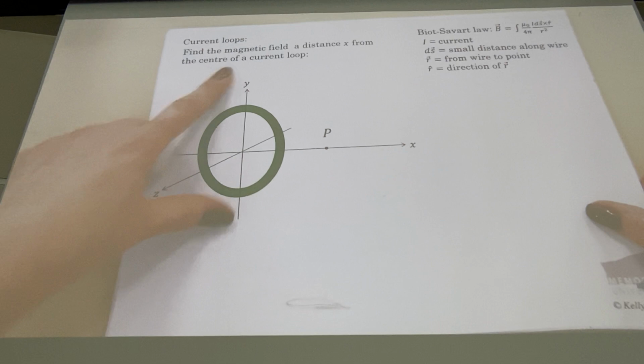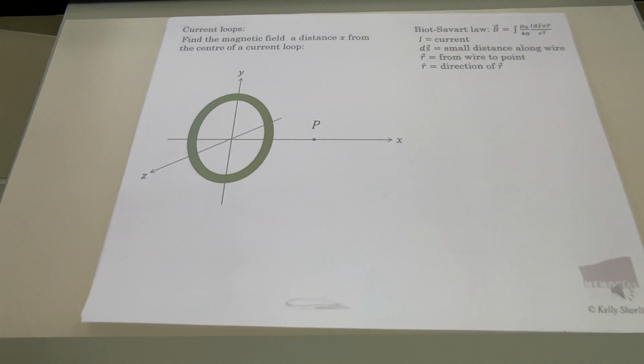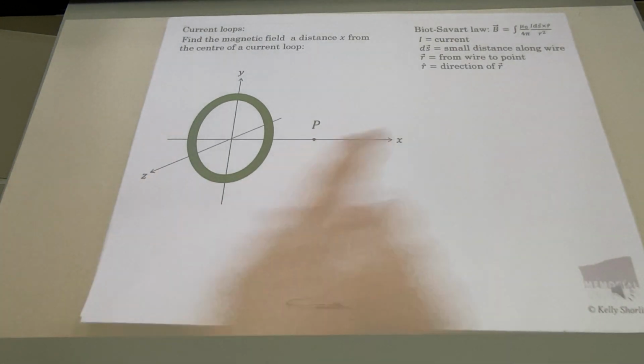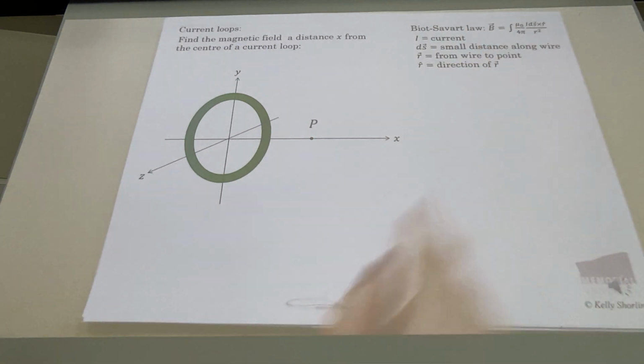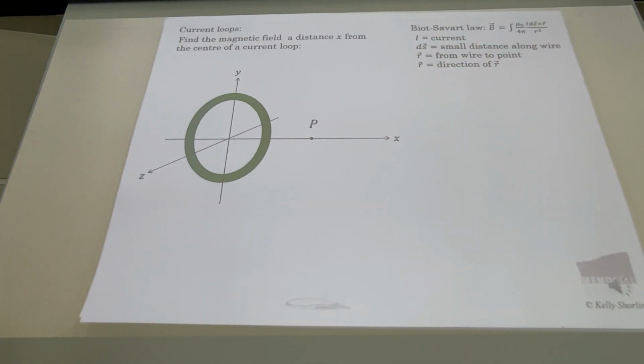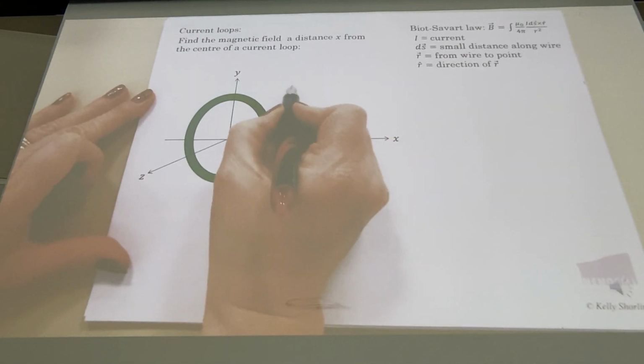A restatement of our problem: find the magnetic field at distance x from the center of a current loop. There's a reminder of our equation and what everything there stands for. Why don't we get everything on our diagram first, actually. Our current, we said, is going to come around this way. So here's our current I.